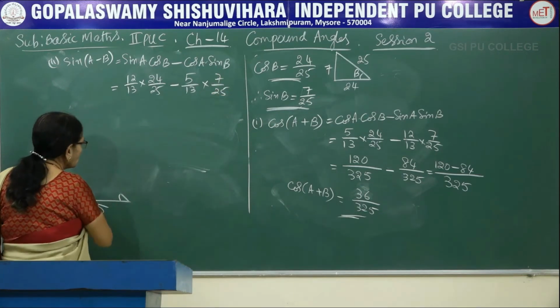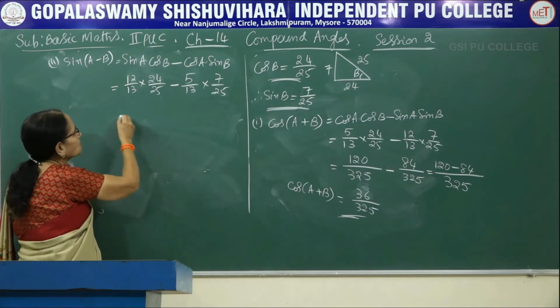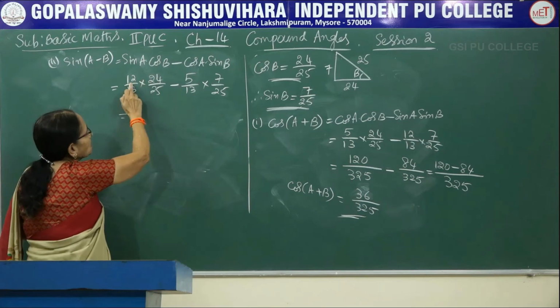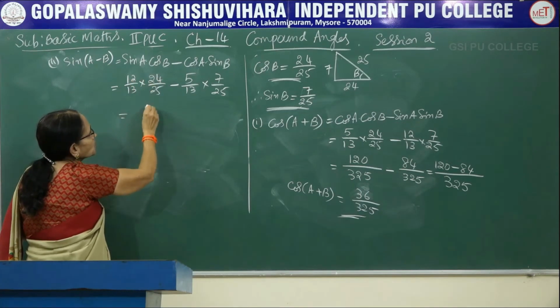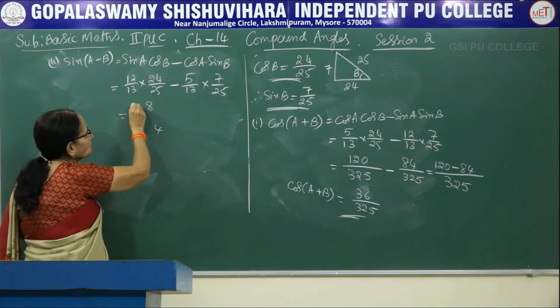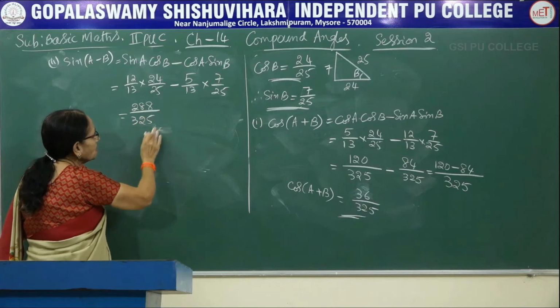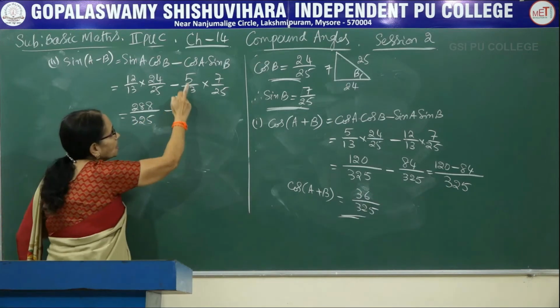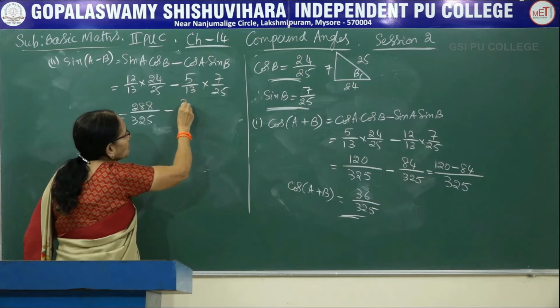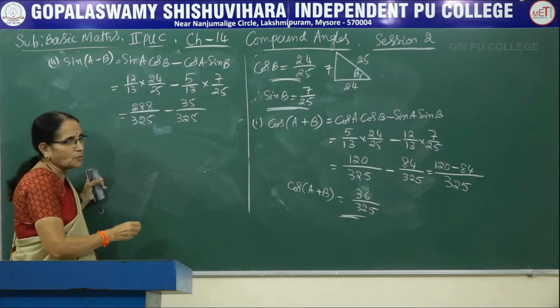Now it is only the arithmetical calculation, but to get the same denominators we are having, multiply this one. 12 into 24, 12 4s are 48, 4 carried, 12 2s are 24 plus 4, 28 divided by 325. Now here again don't do the cancellation.